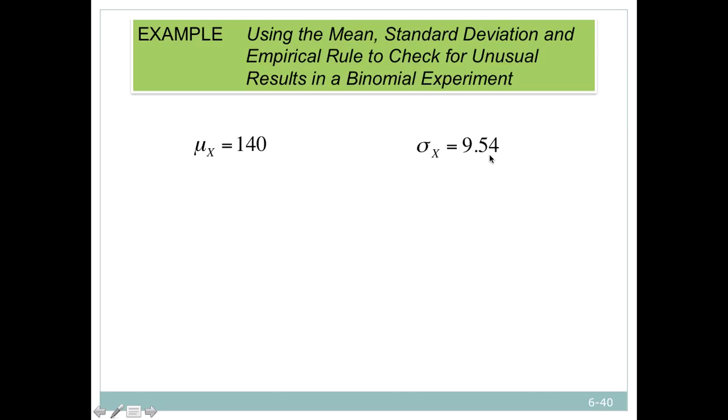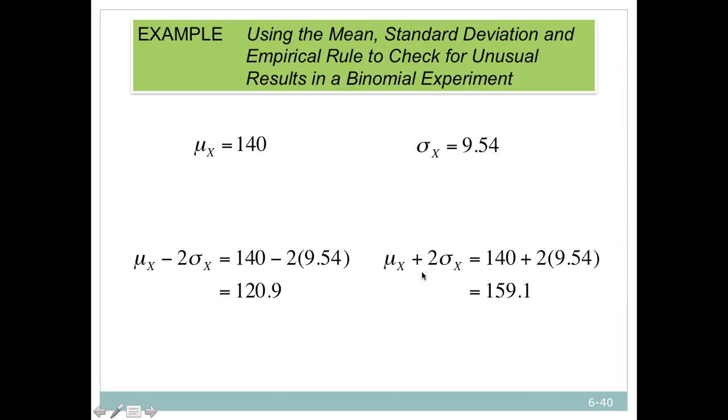Since n times p times 1 minus p is at least 10, we can use our empirical rule, which basically tells us that 95% of the observations should be within 2 standard deviations. If we take our mean and subtract 2 times our standard deviation, we end up with a lower bound of 120.9.